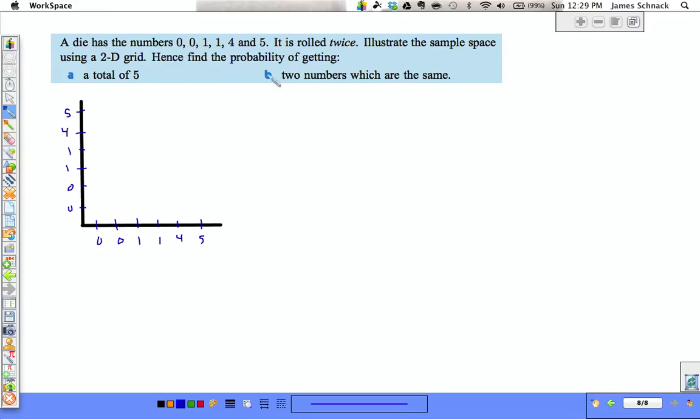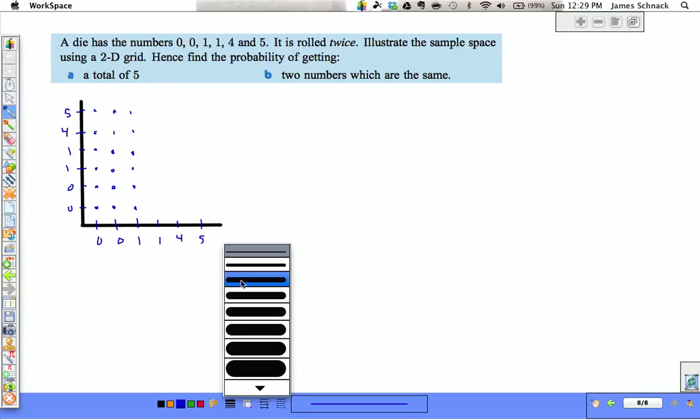And it looks like we're adding the numbers up for part A. So a total of 5. So if I'm going to write down totals here and think about these totals, well, first let's figure out how many items are in this sample space. So can you sort of see what this ends up being?